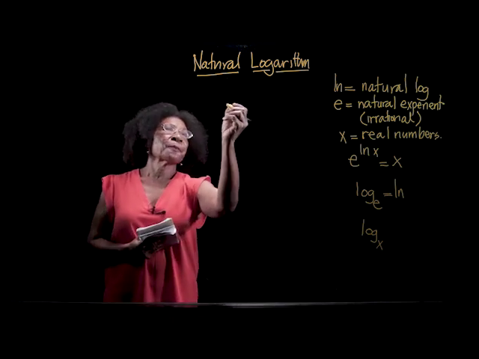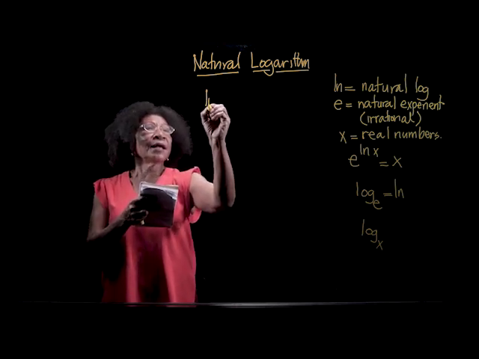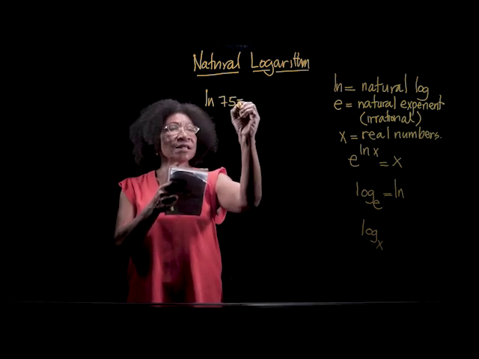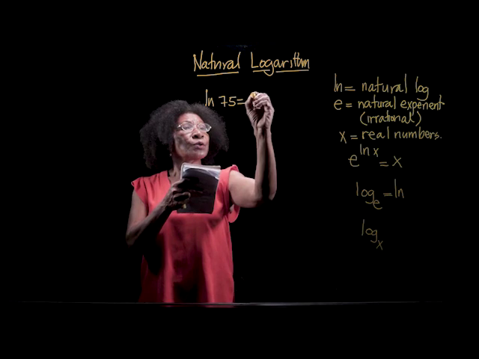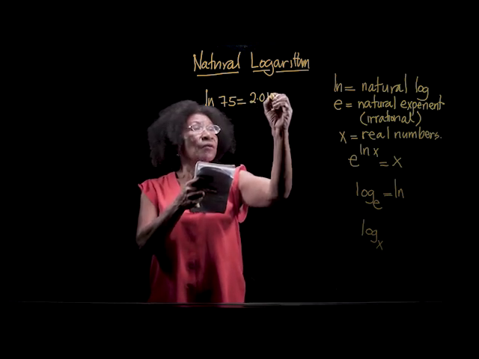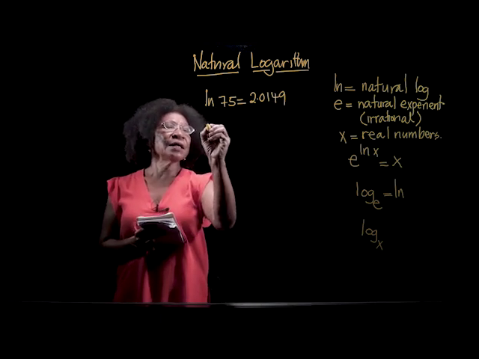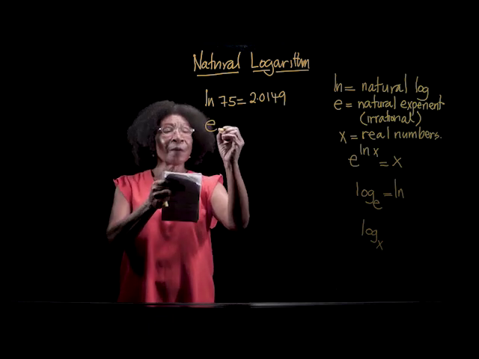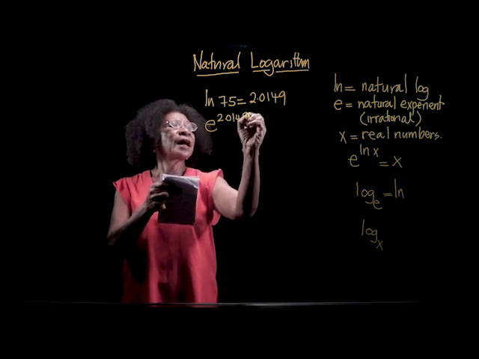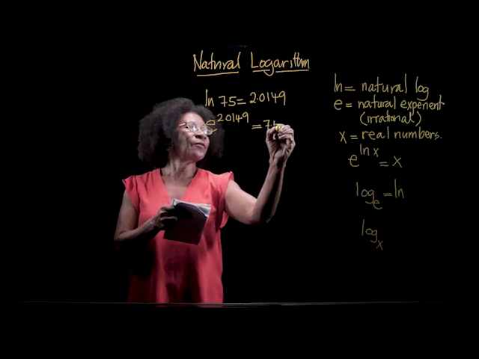Supposing I have ln 7.5, and that is equal to a value of 2.0149, and I have e to the power of 2.0149, that is equal to 7.5.